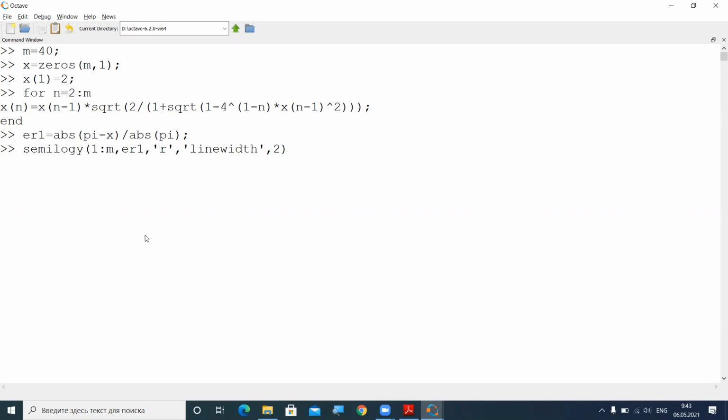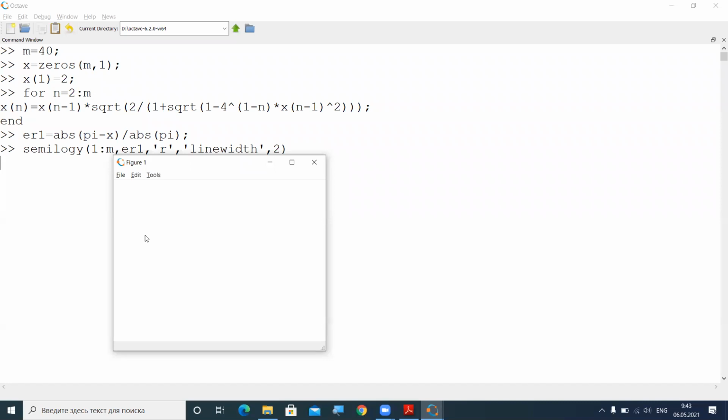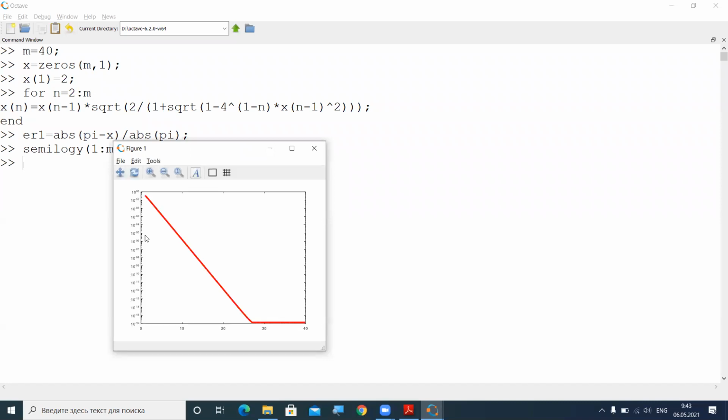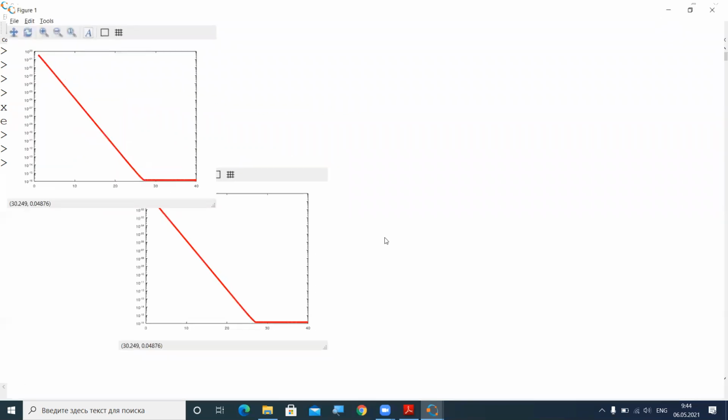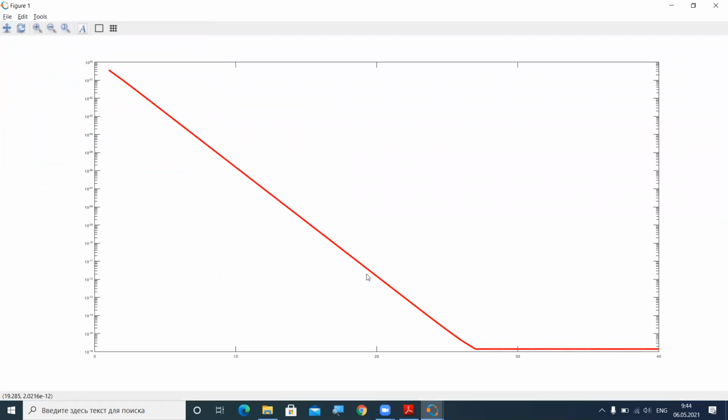Let's do it. Just a second. This one is the correct graph. Here you can see another graph. So we just missed one parenthesis, and that's why we had another graph. Is it clear now? Yes.